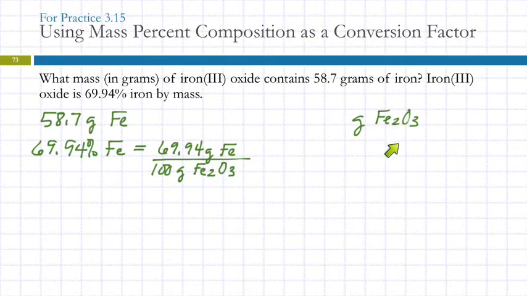I know I'm trying to get over here. Well, a percent written this way looks like a conversion factor. This mass of iron cannot be used as a conversion factor. I'm going to start with this, and I'm going to use this as my conversion factor. So I can actually go directly from grams of iron to grams of iron 3 oxide using that percentage. So it's just one step.